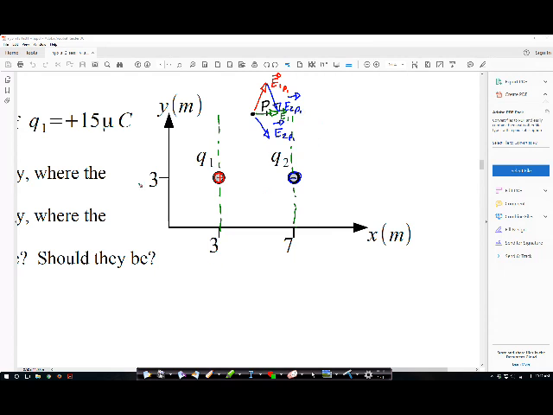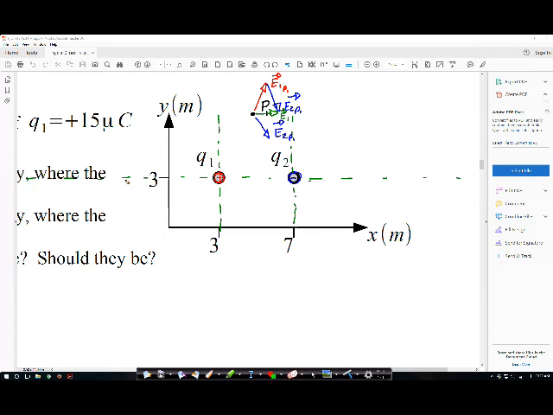And that's actually going to be true on any point in space, except it might be possible for them to cancel each other out if it's on a line that is at y = 3 meters, which is going to be along this dashed line. So it's a line that goes straight through Q1 and Q2. I guess I could go off to the left as well.